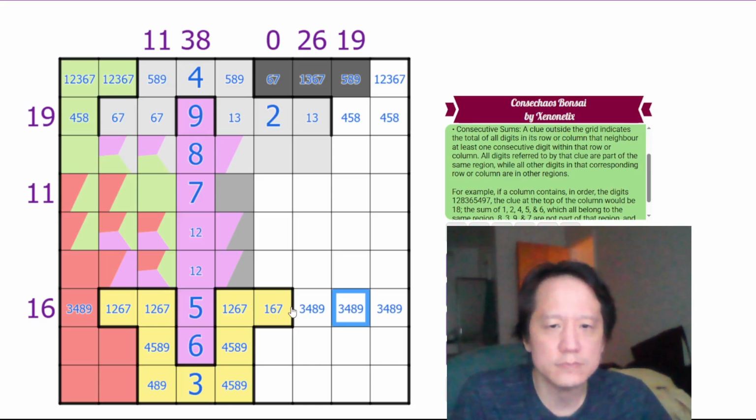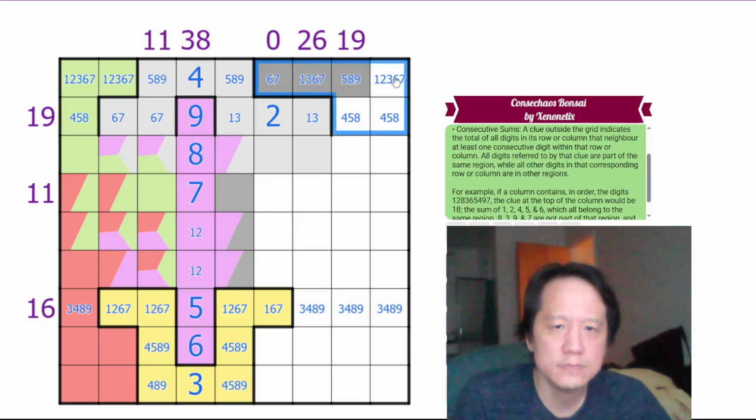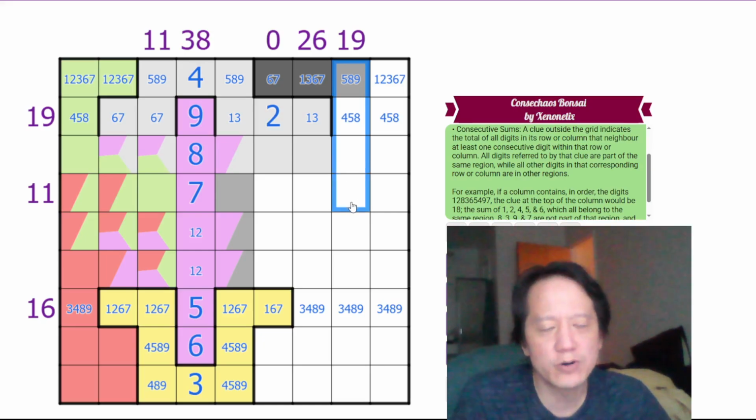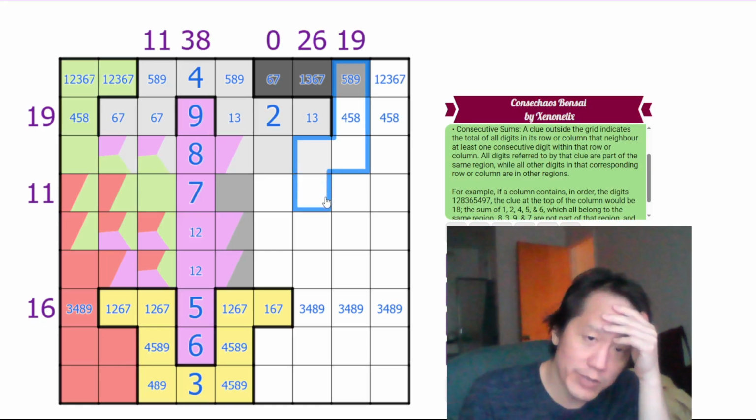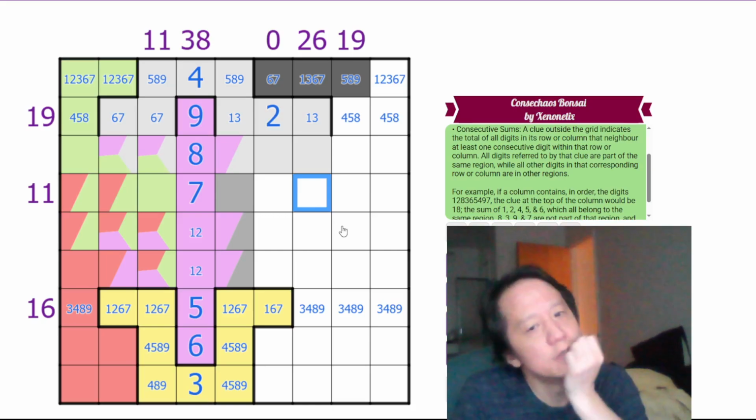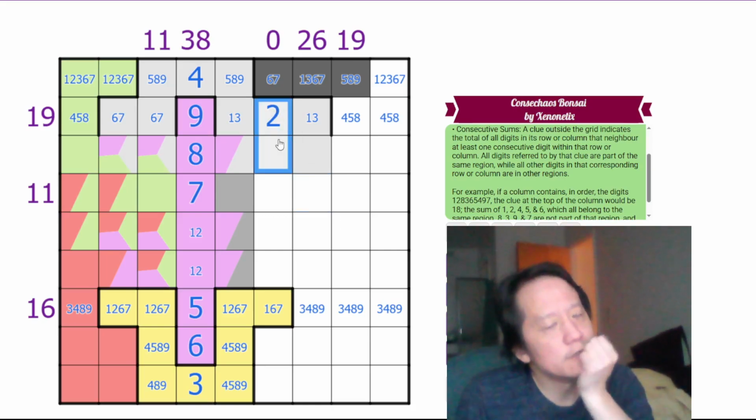Again, this cannot be part of the region, right? But it could just expand out here. That is possible. You could have more than once.